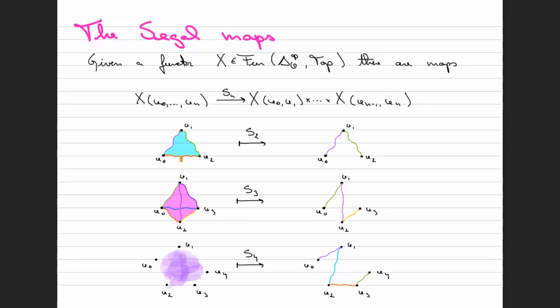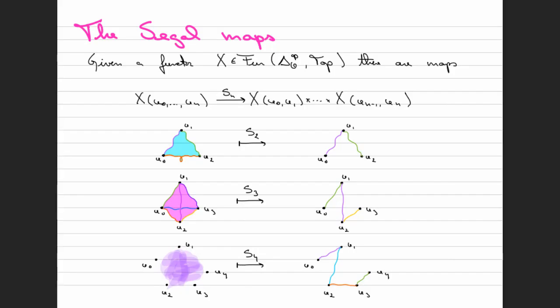We just get these lines that connect x0 to x1 and x1 to x2. In this case, we have the tetrahedra. We get the lines that go from x0 to x1, x1 to x2, x2 to x3. Whatever this higher dimensional tetrahedra would be drawn as, we would get the spine, just a sequence of lines, x0, x1, x1, x2, and so on and so on.